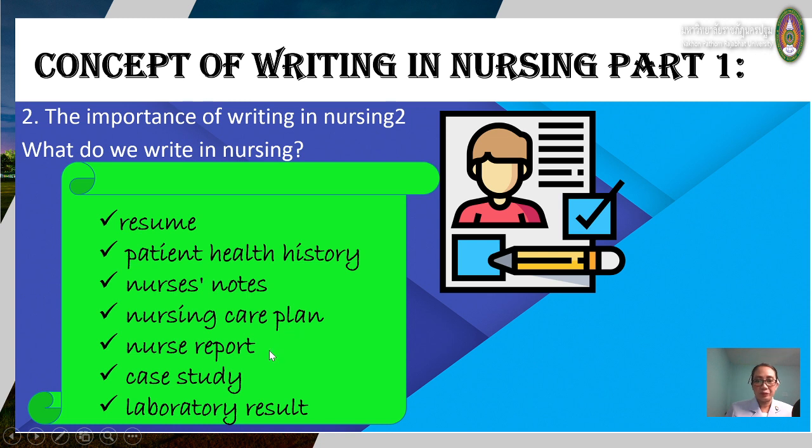We also have the nurse report that takes place every shift of work in the nurses station. Also case studies of our patients and laboratory results, which are very important for the doctor to treat the patient. They need laboratory results, and we also need to be updated so we are able to know the condition of the patient every now and then.